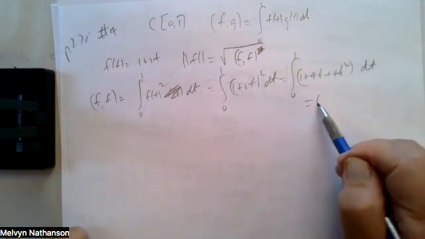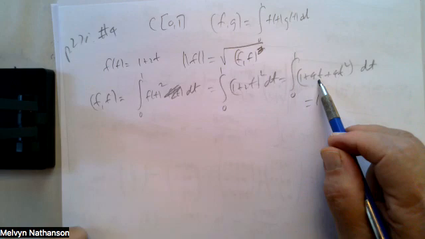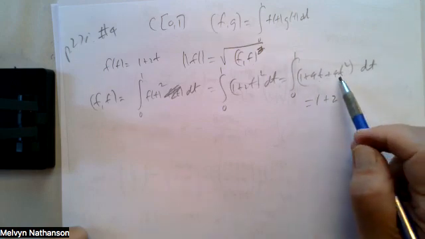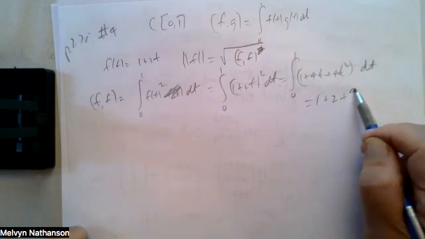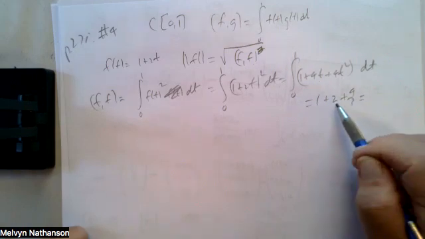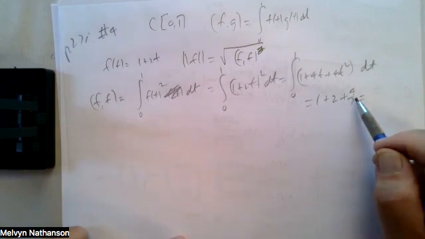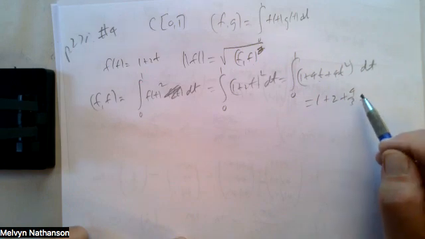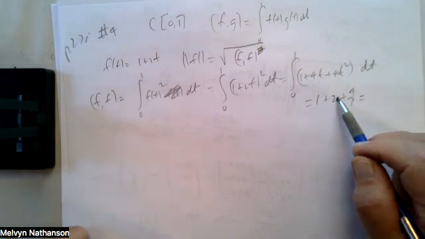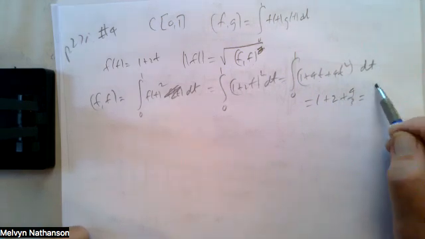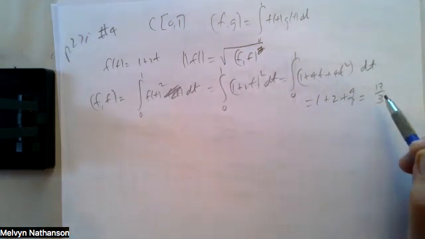The integral of 1 is 1. The integral of 4t is 2t squared, which gives 2. The integral of 4t squared is 4/3 t cubed, so 4/3. So this is 3 plus 4/3, which, let's see, 3 is like 9 over 3, so this is 13 over 3.